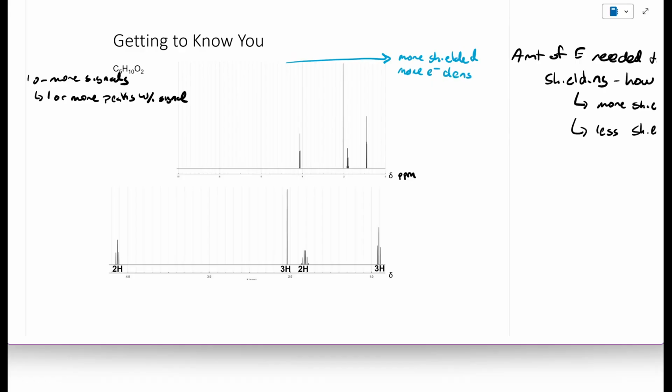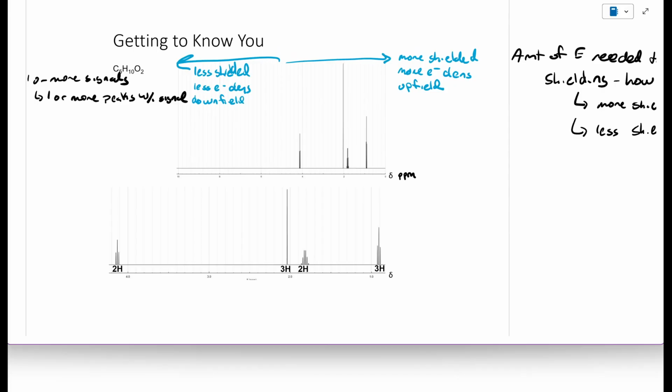The term we use for these types of signals that are more shielded, that have more electron density, is that we call this region of the NMR the upfield region. Conversely, the signals that are down closer to 10 on the x-axis are less shielded. They have less electron density around them, and we call this downfield.